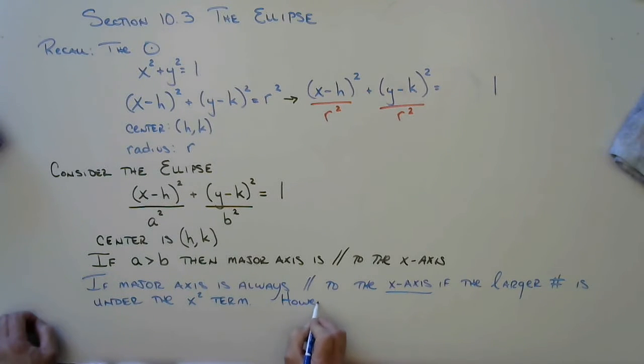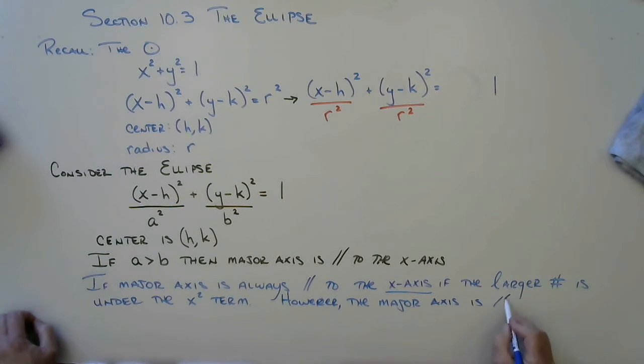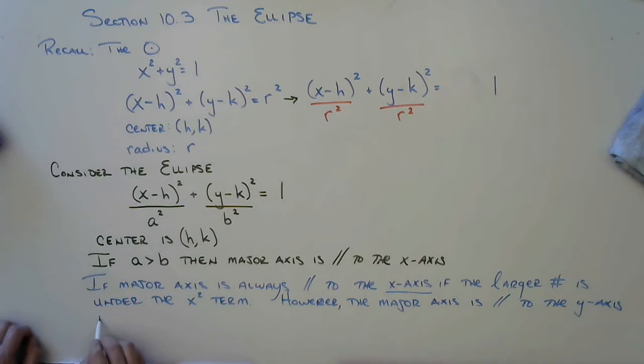However, it's going to be exactly what you're already thinking. The major axis is parallel to the y-axis if the larger number is under the y squared term.